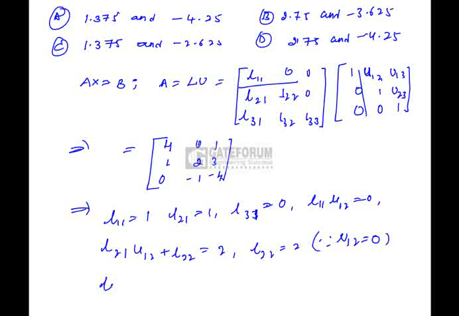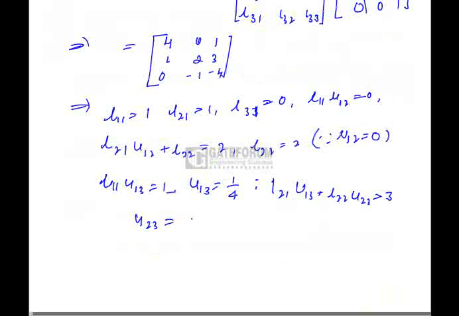Next, if you go for the second, then L11 U13 will be 1. So U13 is nothing but 1 by 4, since the value of L11 is 4. Now, L21 U13 plus L22 U23 is nothing but 3, whereas U23 is nothing but 11 by 8.